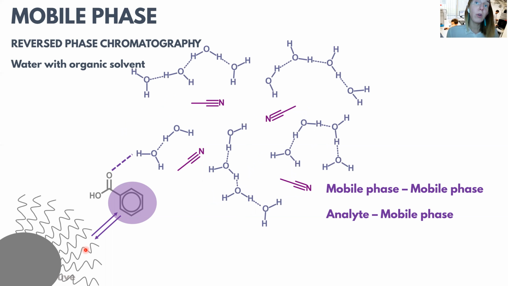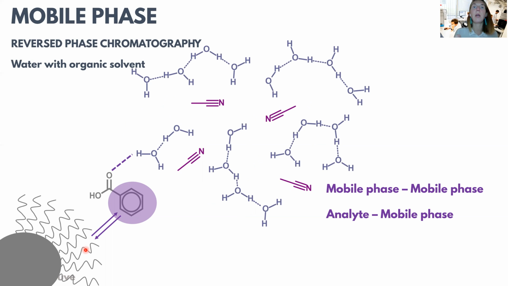However, a lot of compounds would not be polar enough to actually be carried through the column because they would just not compete with the extensive network of the hydrogen bonds of the water molecules in the mobile phase.